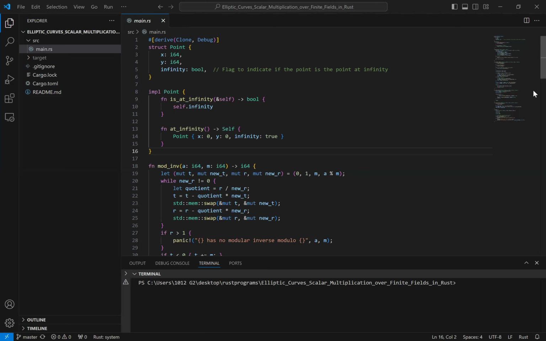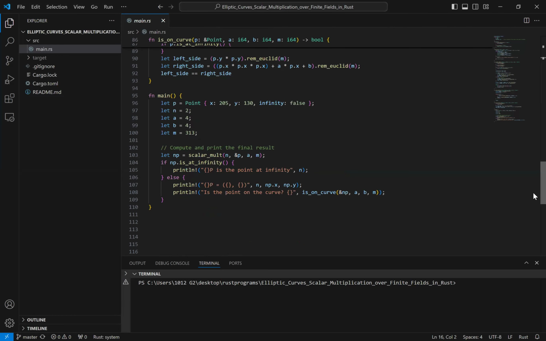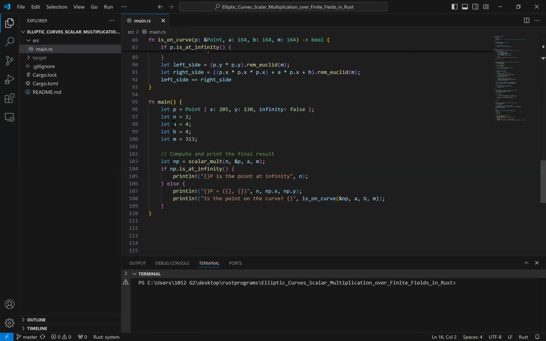So let me share the code. And this is the code for scalar multiplication. And here it is. Now this is the main function.